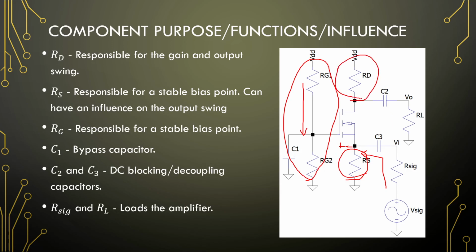RD is going to be responsible for the gain in our amplifier. The capacitor here at the back removes these two resistors from any model that we have, not that it has a very large purpose since it is not seen from the input side in any case.